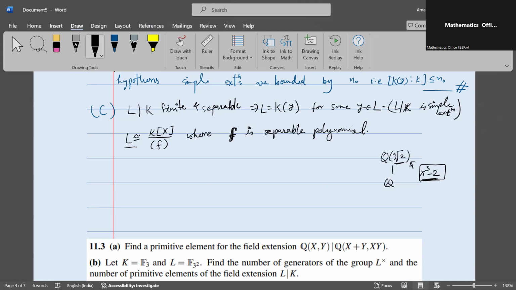We'll attach the roots of F here by Kronecker's theorem. What can be done?